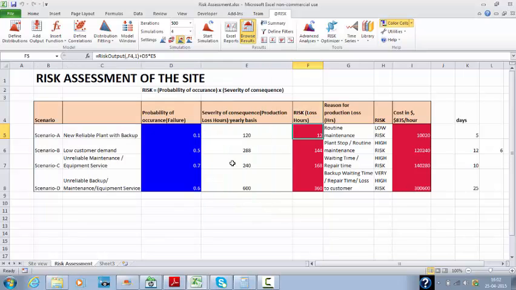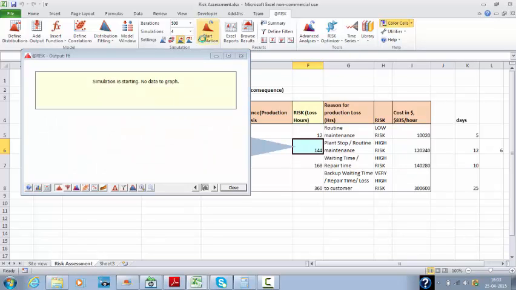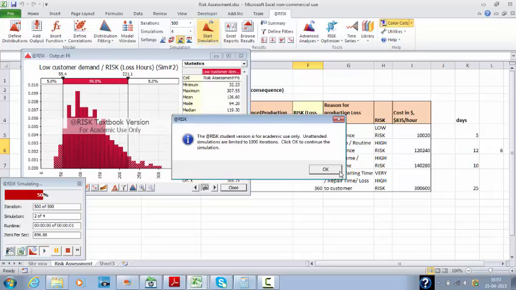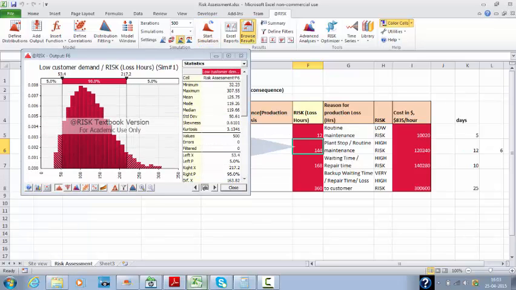Okay, let's take a situation where you have a low customer demand. Let's look at the simulation. 125 is the mean, and the 90th percentile range is between 50 to 220 hours.